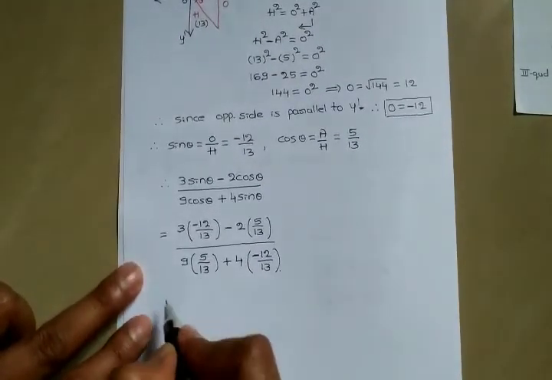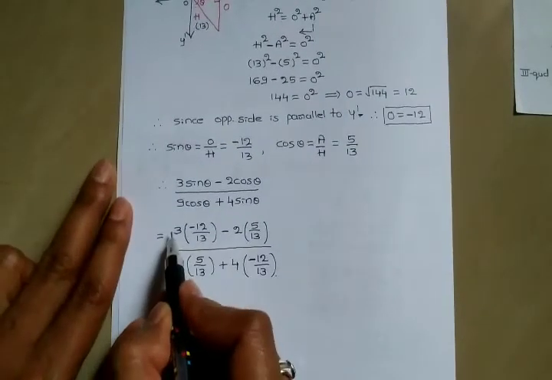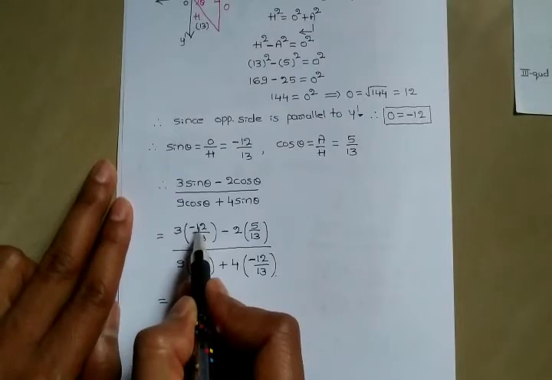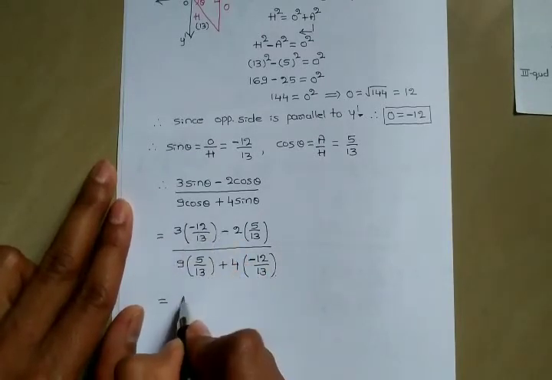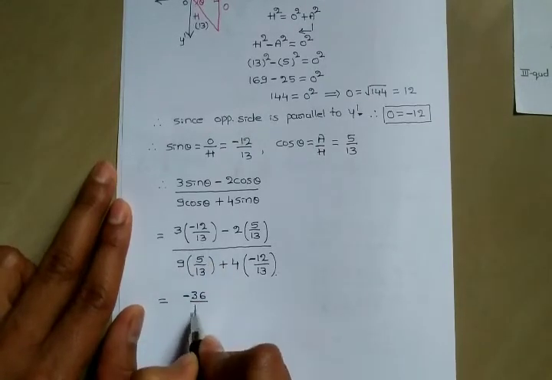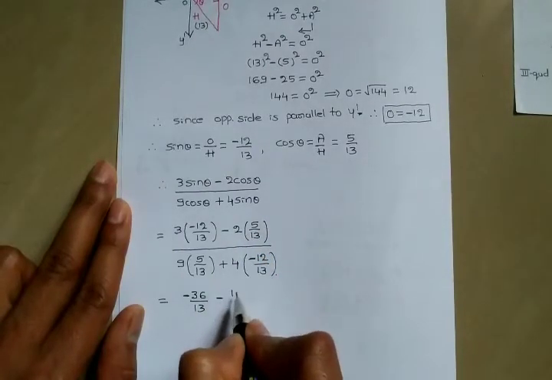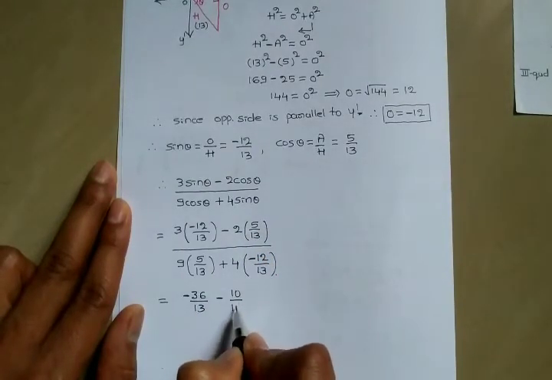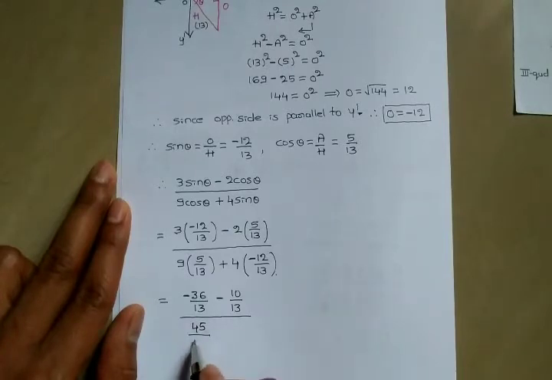So now multiply. 3 into minus 12 is minus 36 divided by 13. Next, minus 5 into 2 is 10 divided by 13, divided by 9 into 5, 45 divided by 13.